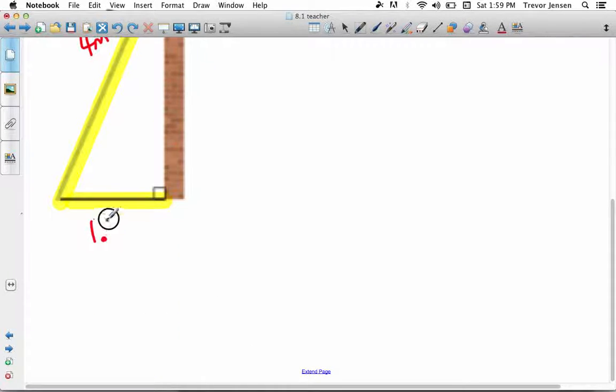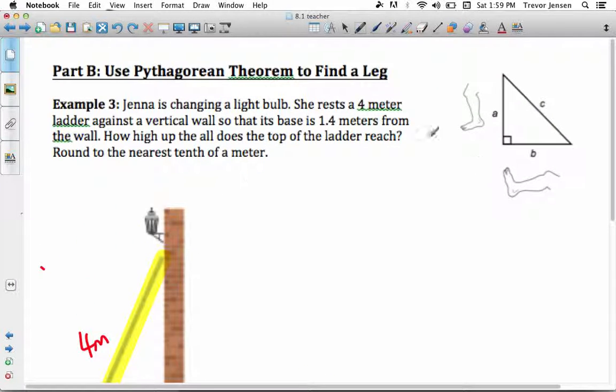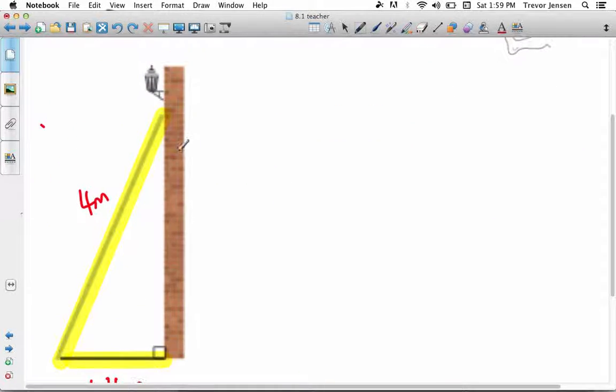This side length is 1.4 meters. And what it's asking me to figure out, it says how high up the wall does the top of the ladder reach? So it's asking me to figure out what is the length from here to here. So it's asking me to figure out this leg of this triangle.